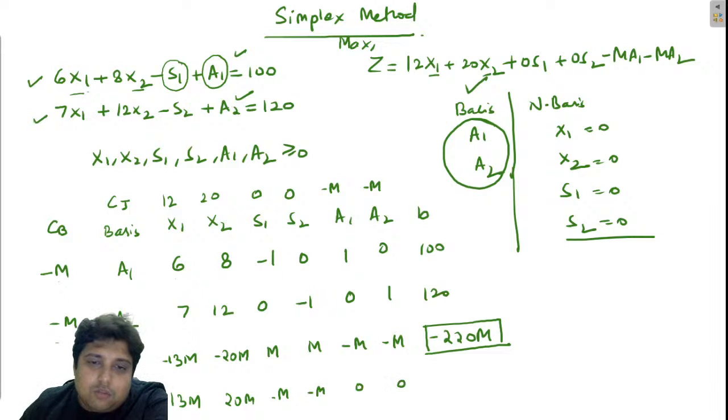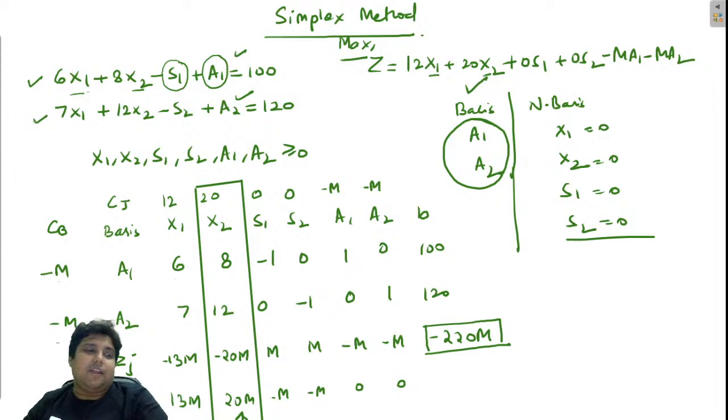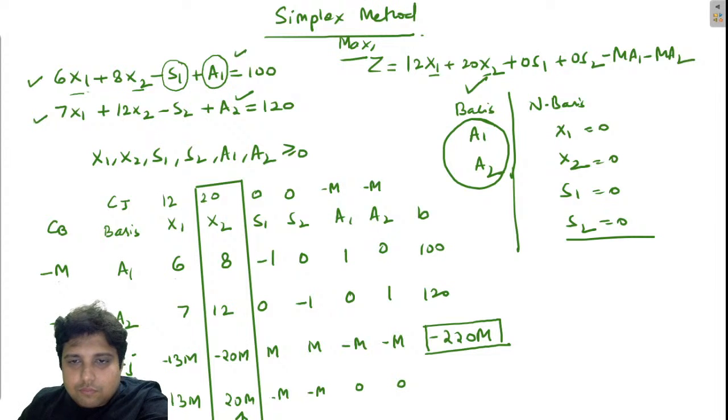Out of these, because we have to maximize, the maximum positive one will enter. So x2 becomes the entering variable.